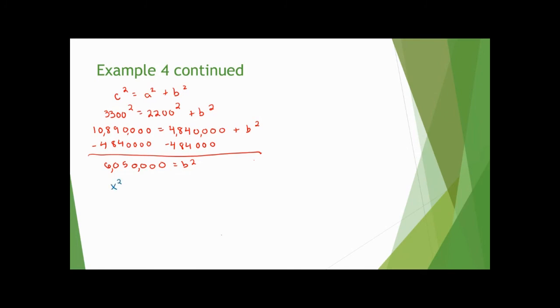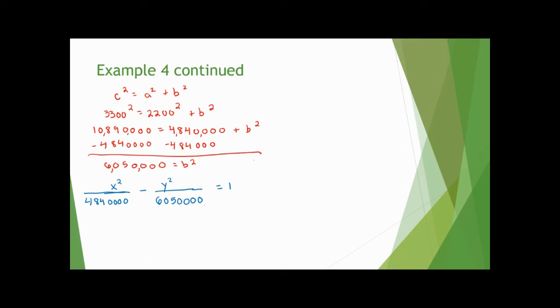So we have x squared over a squared, which is 2200 squared, if I want to write the full number, 4,840,000, minus y squared over b squared, which we just solved for, 6,050,000, is equal to 1.